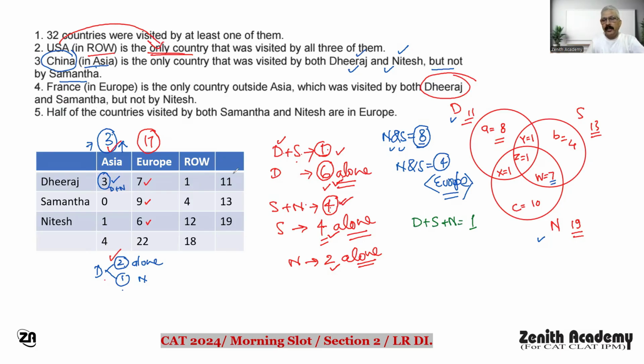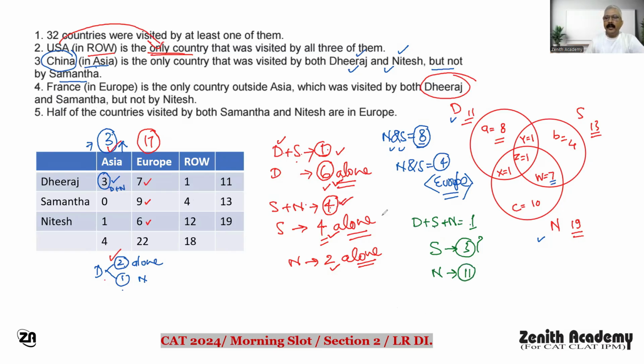Data one is satisfied. Now Samantha visited four countries in the rest of the world. So one country is over. So what about three countries of Samantha? And here Nitesh visited 12 countries. So one country with Samantha and Dheeraj. So what about 11 countries of Nitesh?